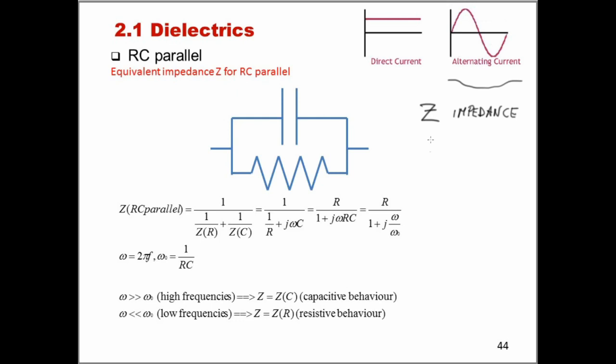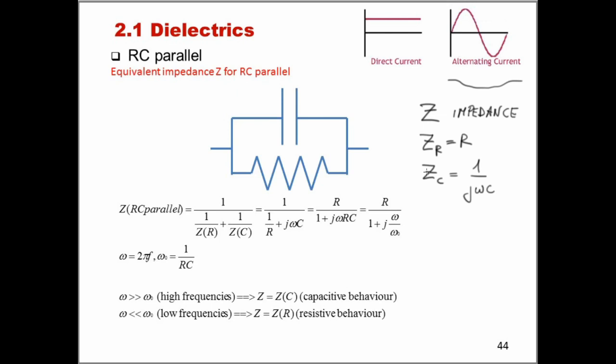Now we can demonstrate that the impedance of a resistor R is R, and the impedance of a capacitor is 1 over j omega C, where j is the imaginary unit, omega is the angular frequency, which, remember, is 2 times pi times f, where f is the frequency of the signal we use, and C is the capacitance of the capacitor.